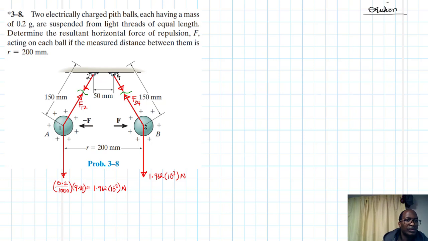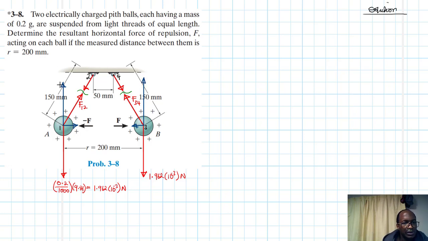Okay, so it is going to have some components. One component will be in the horizontal like so, and the other one will be vertical like so. Okay, and the same appears there like so. All right, you don't have to do this for both of them, you can just work on one. I'm just showing this.